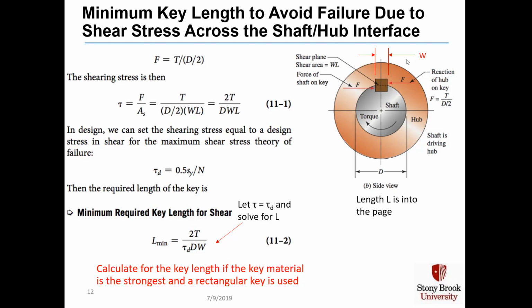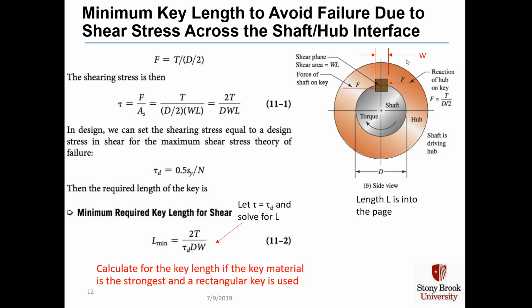We can set the shearing stress equal to a design stress in shear for the maximum shear stress theory, in which the design stress, tau sub d, equals 0.5 times S_Y, the yield strength, divided by N, which is the safety factor.